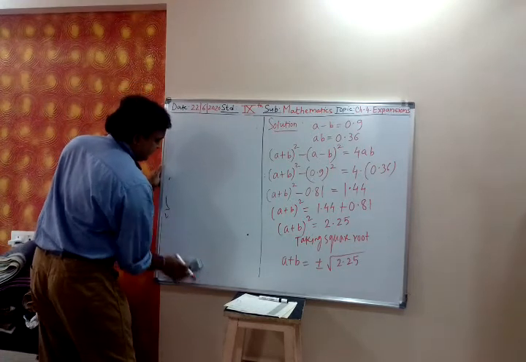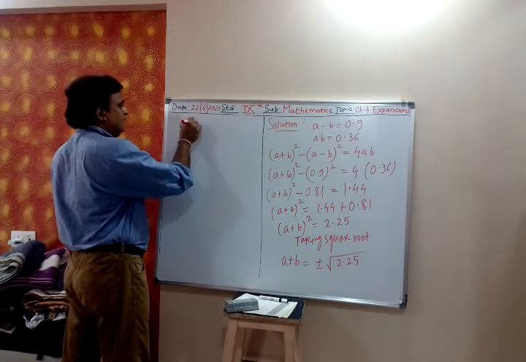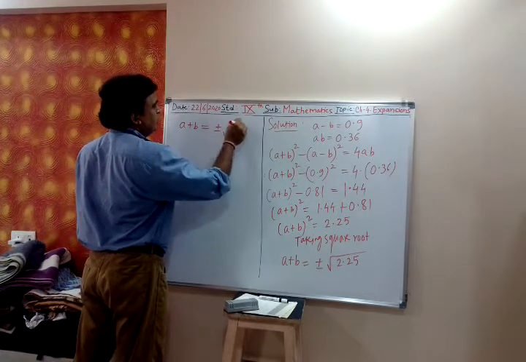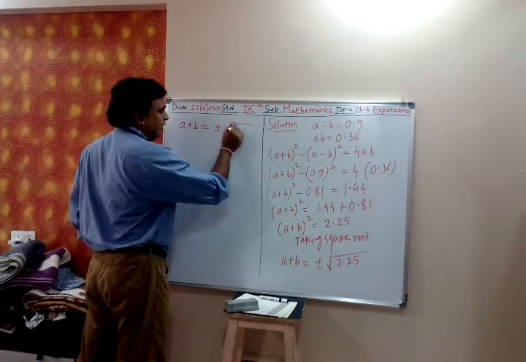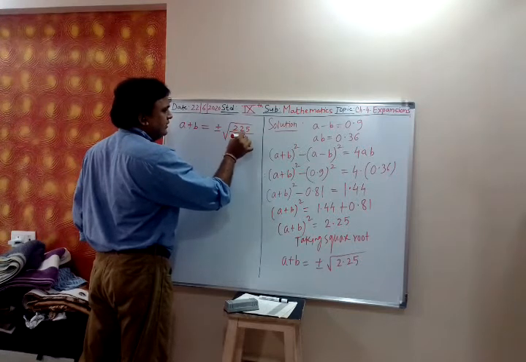Now let us simplify. 2.25 I can write as 225 upon 100. All of you agree?